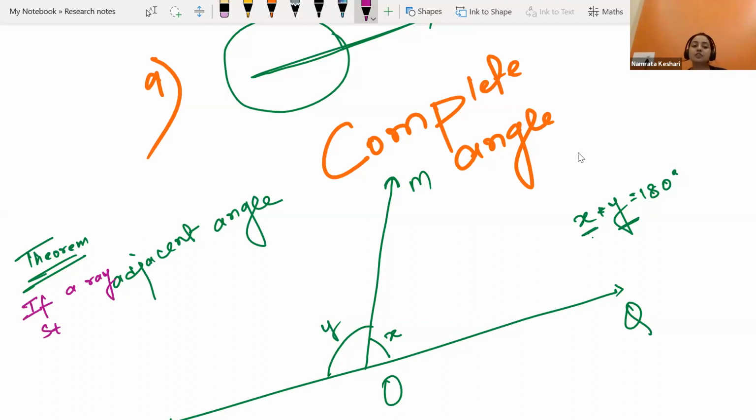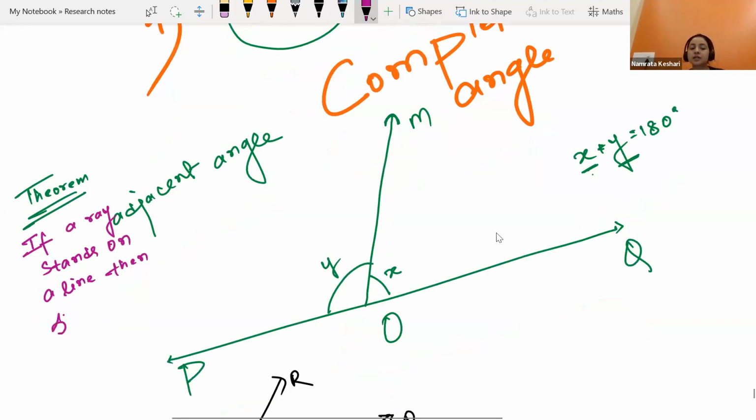If a ray stands on a line, then the sum of adjacent angles is the linear pair axiom, or linear pair you can say. If a ray stands on a line, then the sum of adjacent angles so formed is 180 degrees.